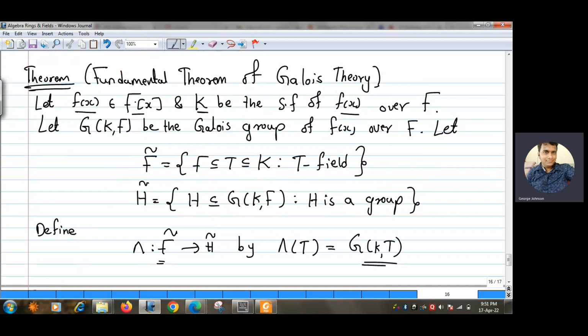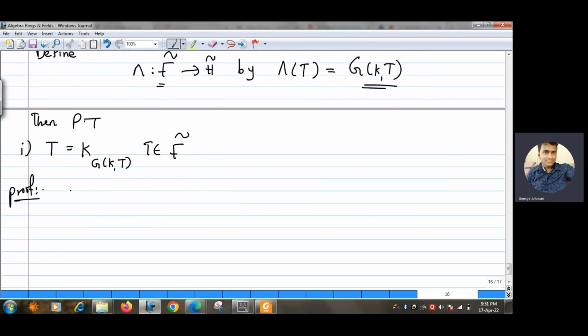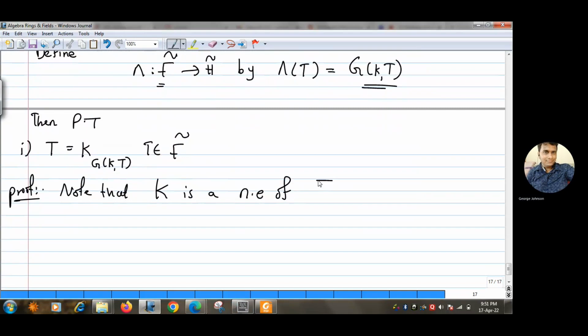Because in the last theorem we proved that K is a normal extension of F if and only if K is a splitting field of some polynomial over F. Here K is a splitting field of some polynomial over F, so K is a normal extension of F. It is already hidden in the statement, so let us start the proof with that. Note that K is a normal extension of F.